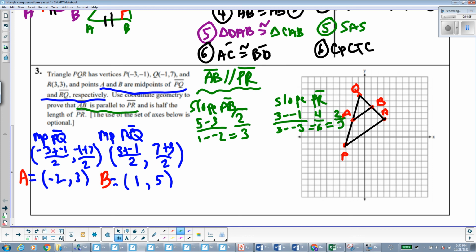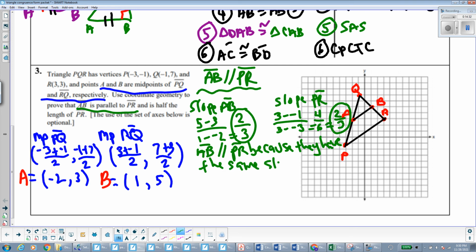So we do have the same slopes here. So I'm going to make a concluding statement that supports my calculations here. So I'm going to say AB is parallel to PR because they have the same slopes.